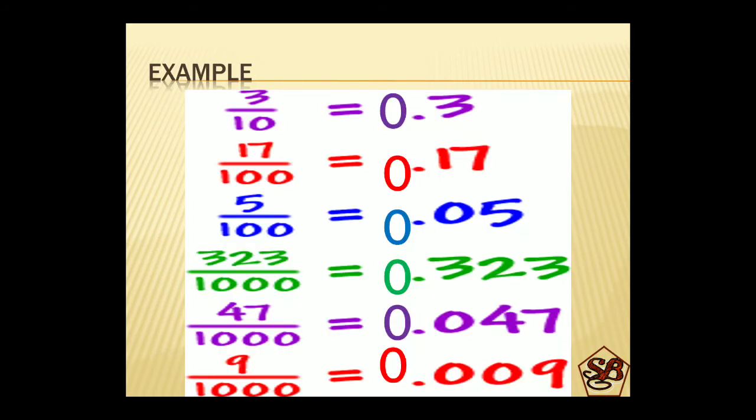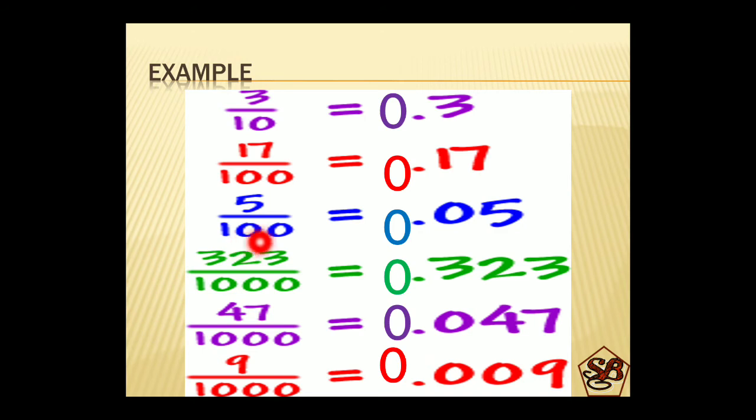Here are some more examples. 3 by 10 can be written as 0.3 after one decimal point. 17 by 100 can be written as 0.17 as there are 2 zeros and we will put the decimal point after 2 digits. 5 by 100.